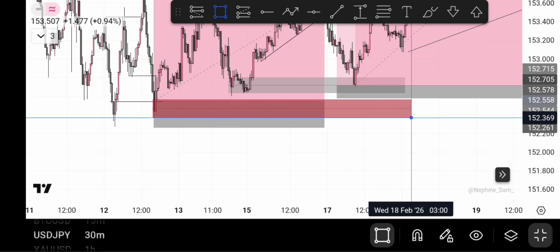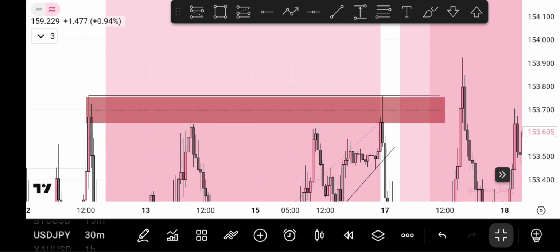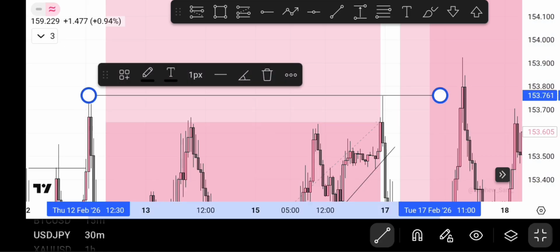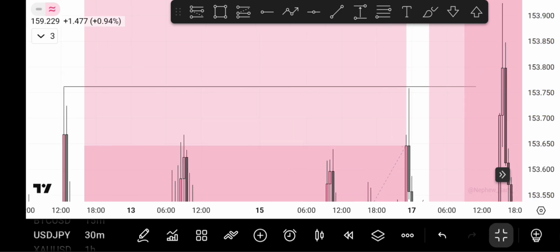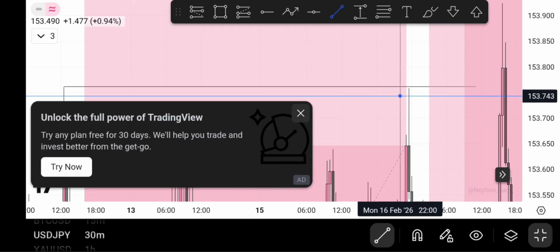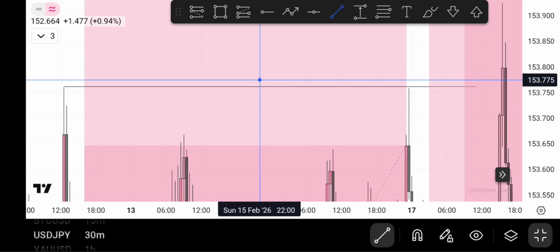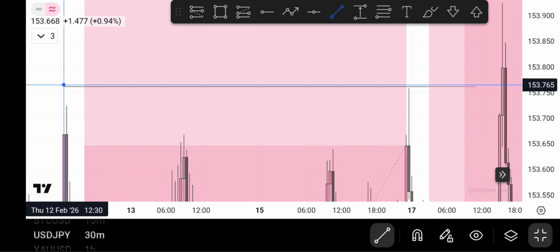Now look very closely. Let me zoom in. Let me remove this red shading. You see this line? If you look closely, you will see the market didn't take it out. The market didn't take it out at this point. Can you see it? So it's still inside this level.